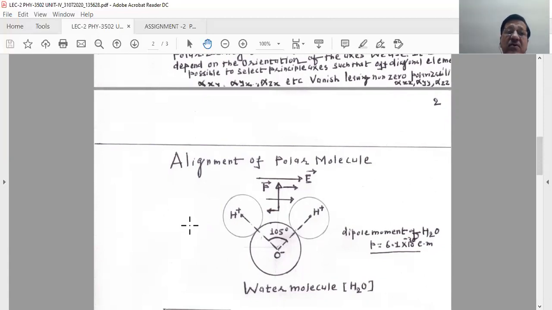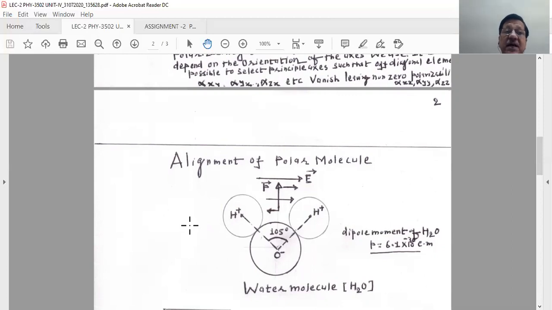So you have two identical atoms, and whenever you have two identical atoms in a molecule, the molecule is considered a homonuclear molecule. In the case of a homonuclear molecule, the center of mass of the positive charges and the center of mass of the negative charges coincide at the same point. So this molecule does not possess a permanent dipole moment. So these molecules are known as non-polar molecules.